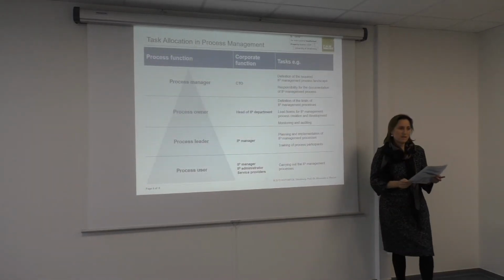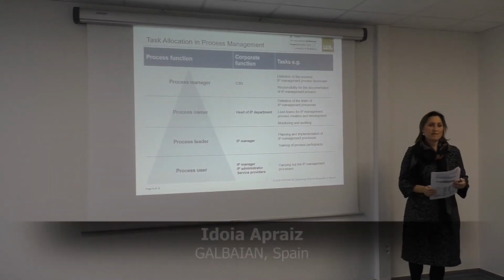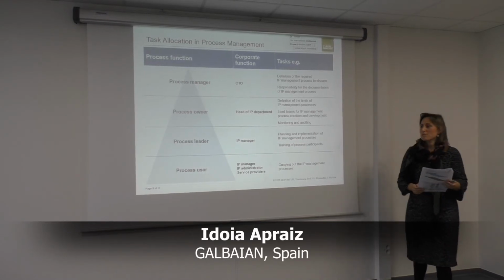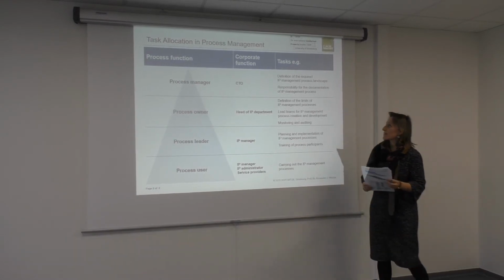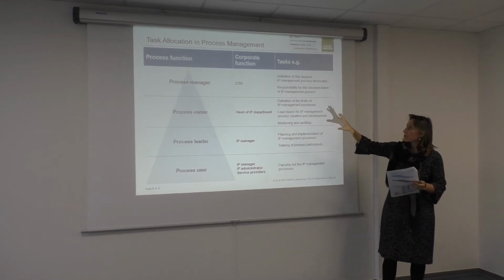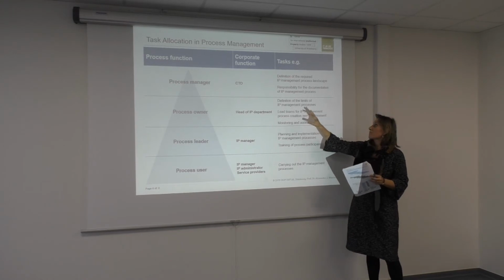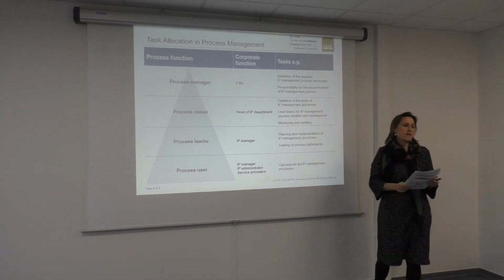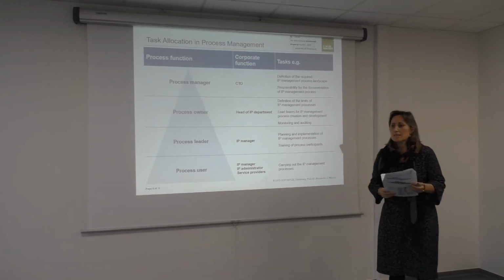The IP management process is carried out by the people of the organization. So it's very important to assign the process functions to the corporate functions, and also very important to describe their tasks in the IP management processes.